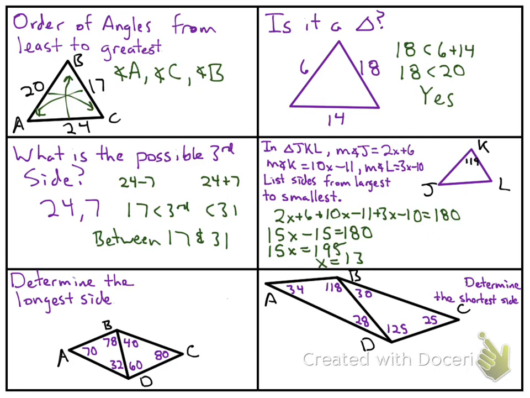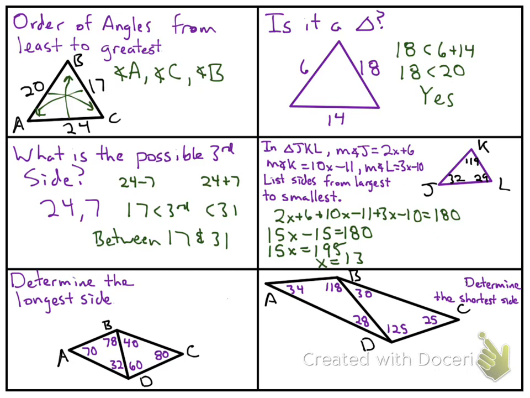Then we have 3x minus 10, so 3 times 13 minus 10 gives me 29. And then 2x plus 6, 2 times 13 plus 6 gives me 32. It'd be a really good idea to make sure these add to 180 here. 119 plus 32 plus 29 is in fact 180, so I'm good there.